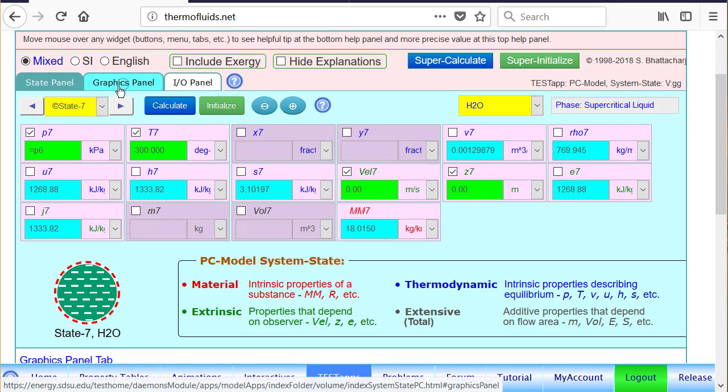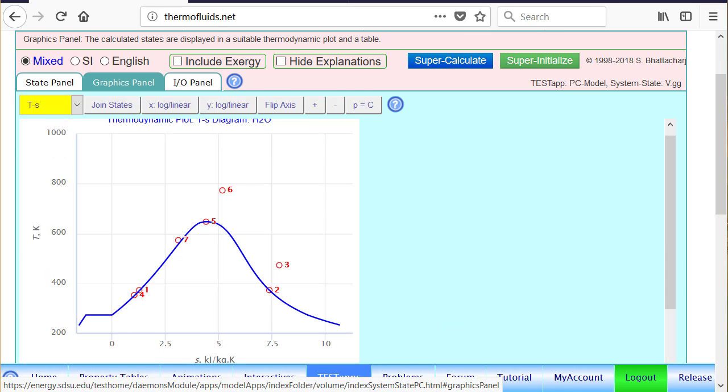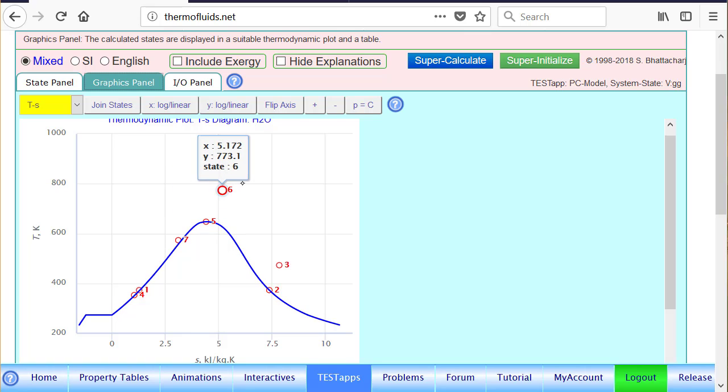If you go back to the graphics panel, 5 is my critical state, and you can see that states 6 and 7 are supercritical vapor and supercritical liquid states. So I think I've covered all the different zones, except that for H2O, you can even find the state of ice if you put a temperature less than 0 degrees Celsius.